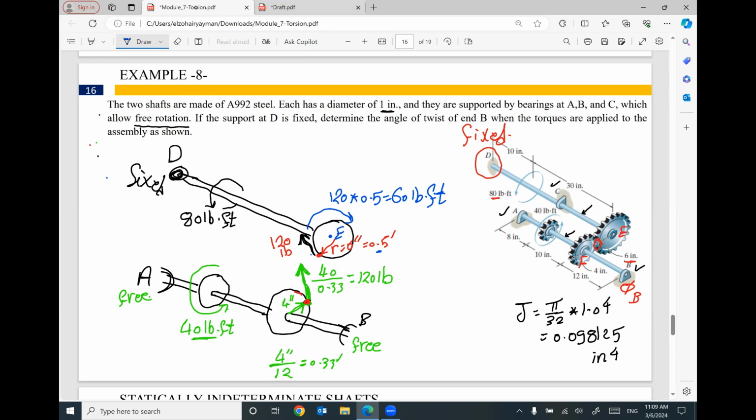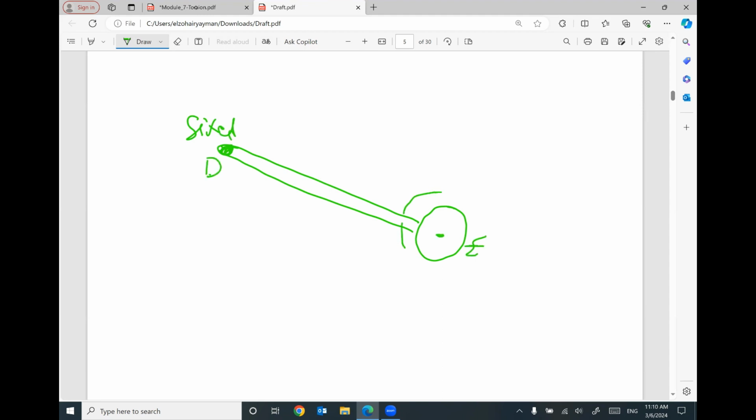The final conclusion: we have this shaft fixed at D, and this is E. We have here clockwise torque 60 pound-foot, and here counterclockwise 80 pound-foot.